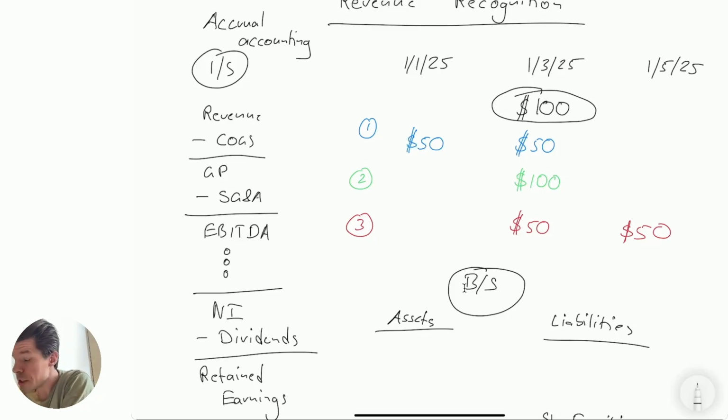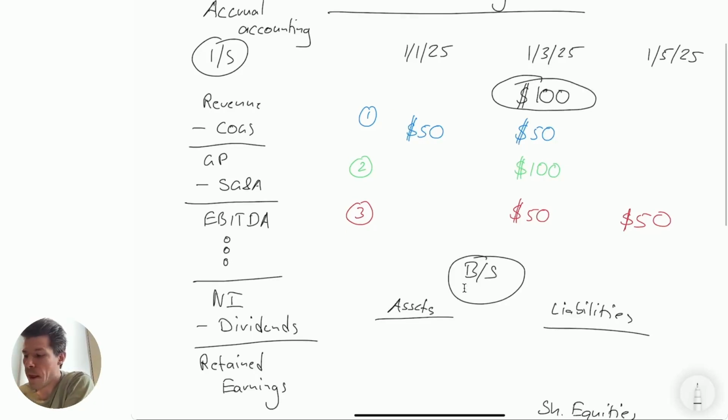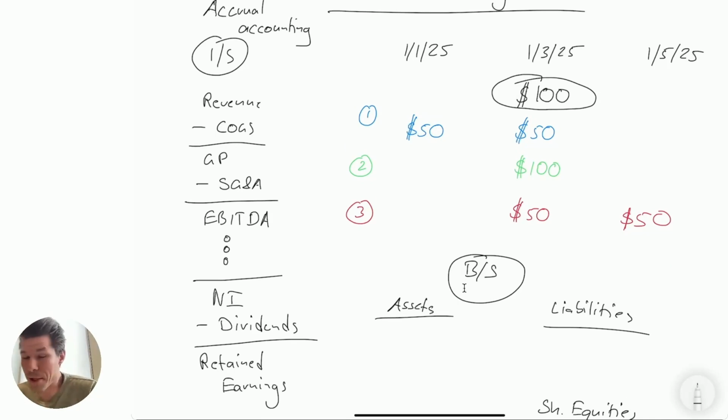So revenue would be 0. Nothing happens from an income statement perspective because we only receive cash. However, something will happen because you have received cash, so you need to record this somewhere. You can't just say, okay, give me $50, we put in our bank account, and we would not reflect this in our financial statement, so something needs to happen.